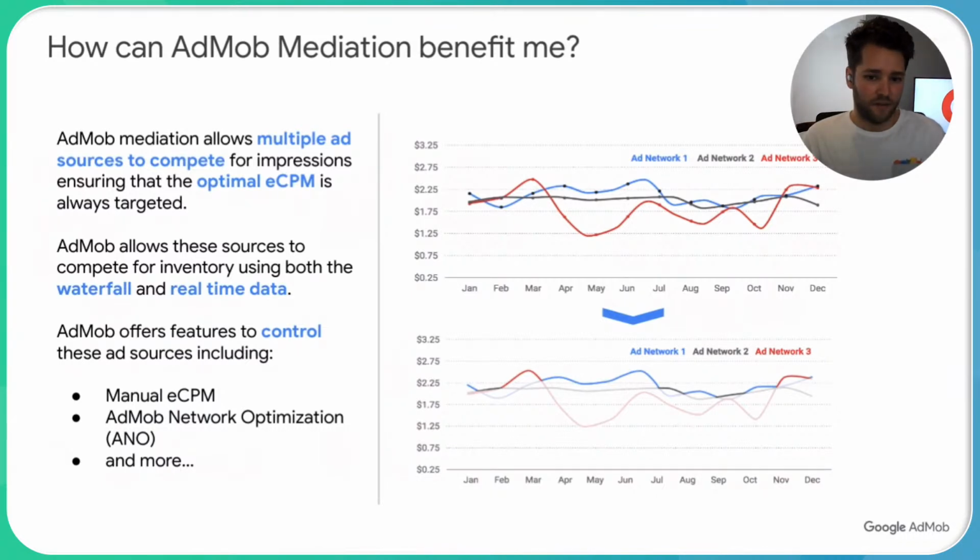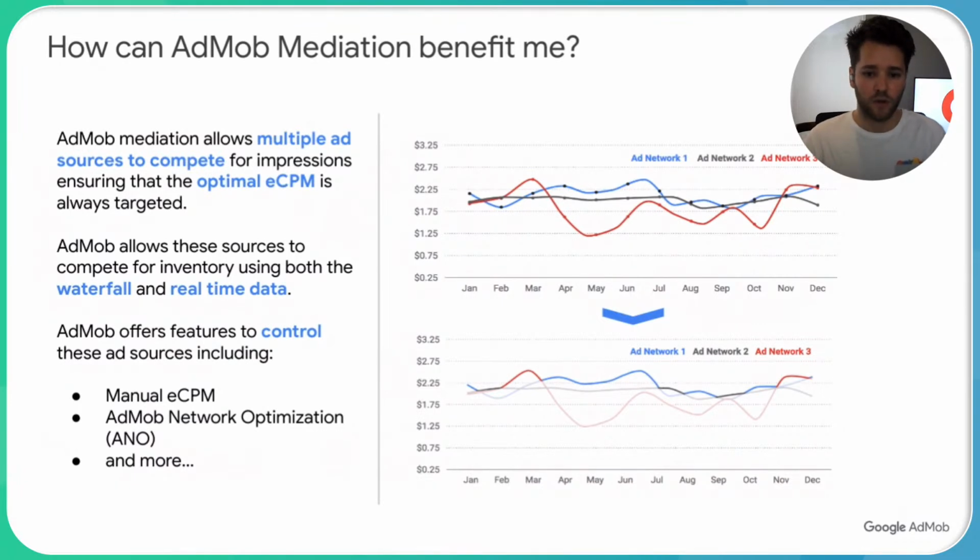So AdMob itself, the main function is mediation. What is a mediation? It's a way to connect different ad networks to your game or application. So when your game makes requests for an ad, instead of having only one network to show the ad and one source of revenue, with AdMob you will connect different networks.